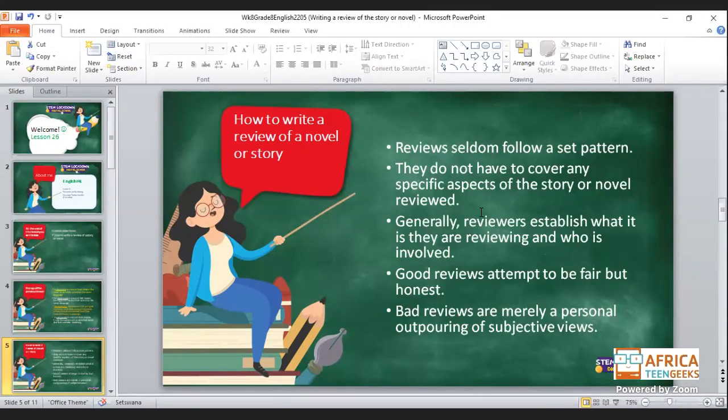Okay, so the second pointer is reviews do not have to cover any specific aspect of the story or the novel which you are reviewing. Remember, before you write the review about the story or the novel, obviously you will have read the story first, you will have read the novel first, so that you understand what the story is about, what the novel is all about.